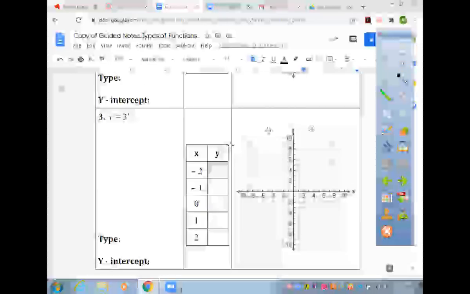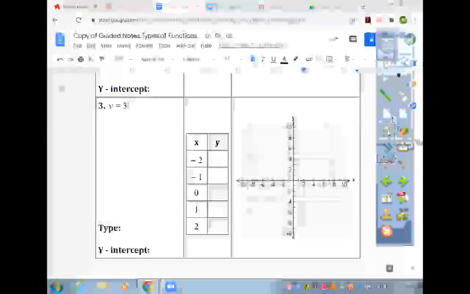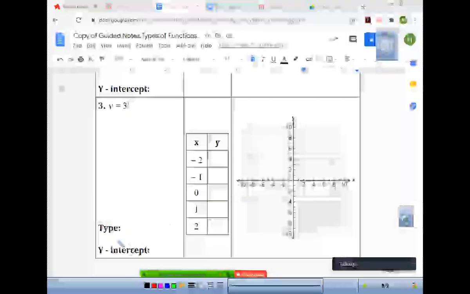Here's number 3. What type is number 3? Exponential. Now we're going to find the y-intercept.